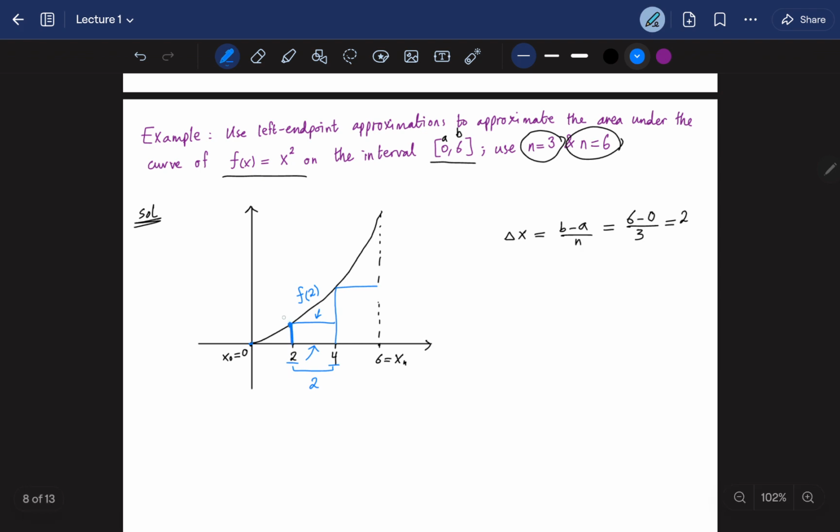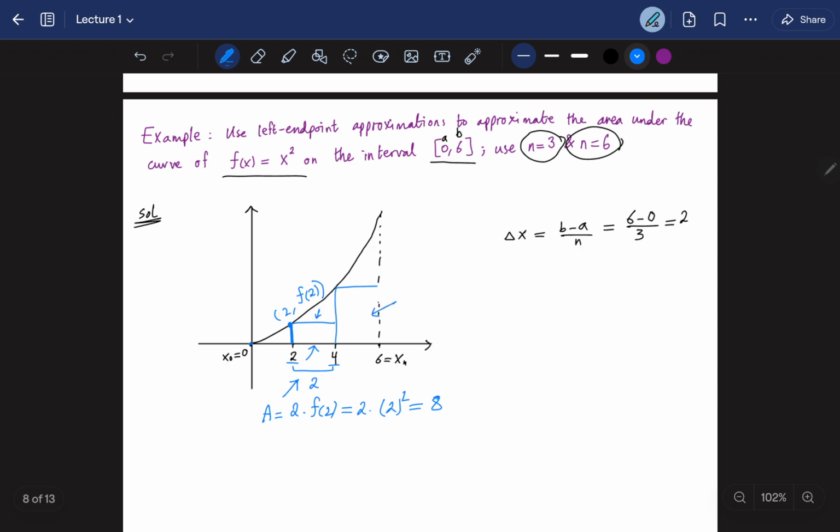At this point here, I have the point 2, f of 2. So that's why f of 2 is my height, because it's my y value. So the area for this rectangle is just 2 times f of 2. So this is 2 times 2 squared, since f of x is just x squared, and that's 8.